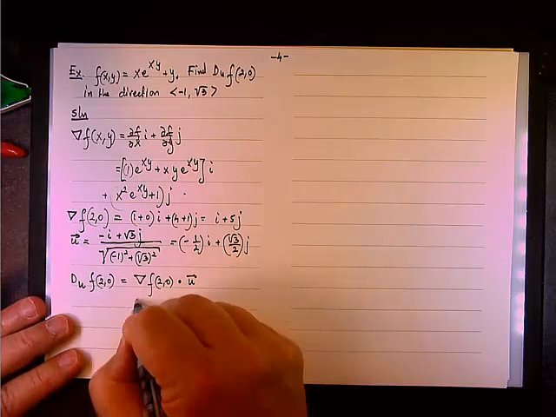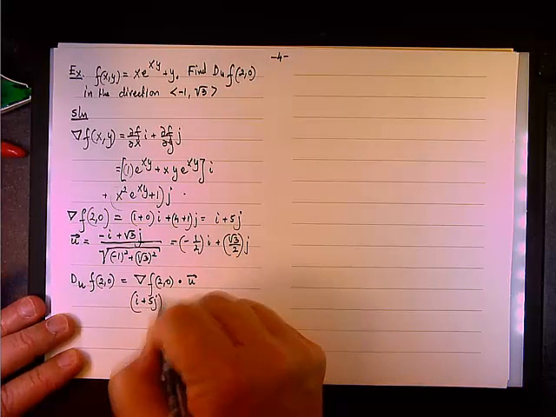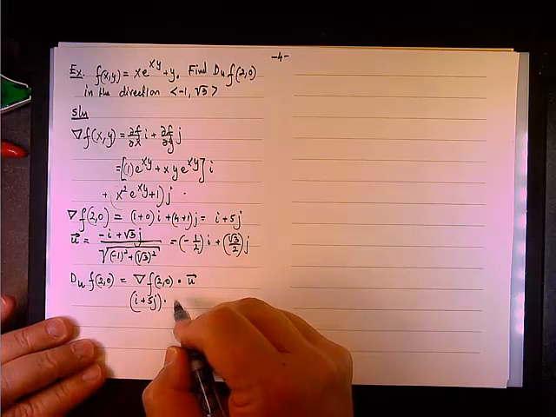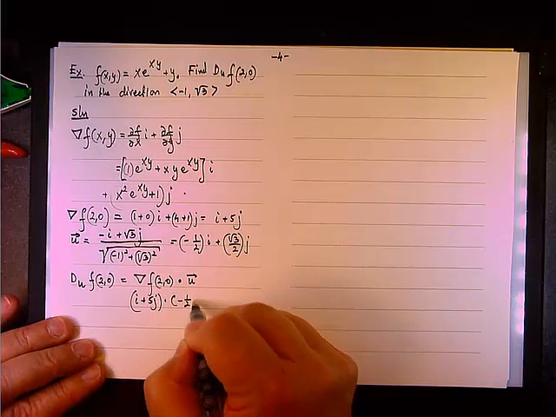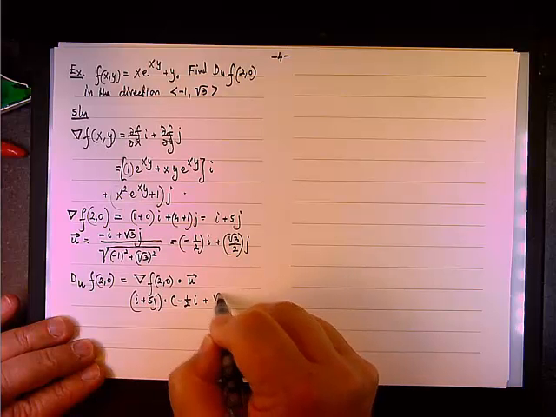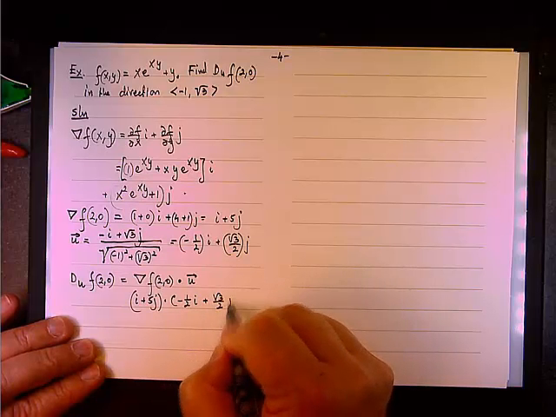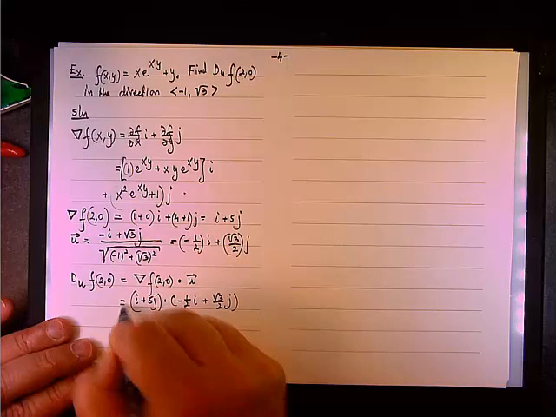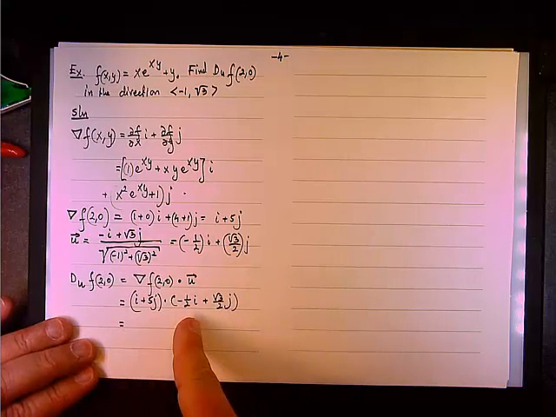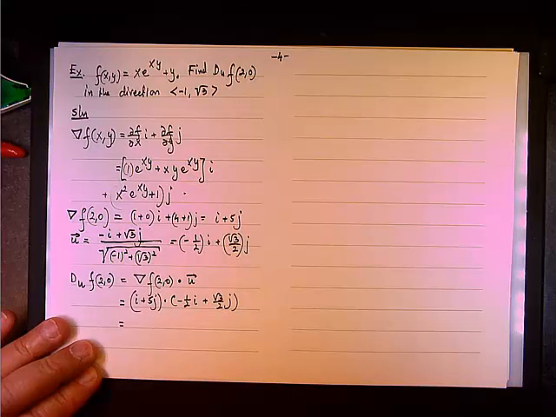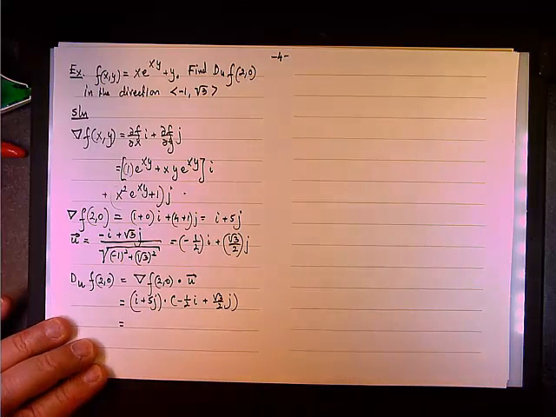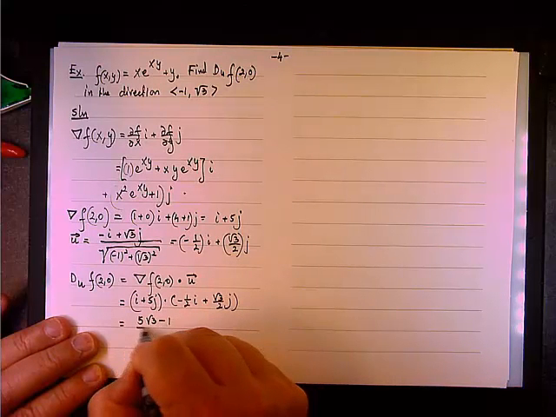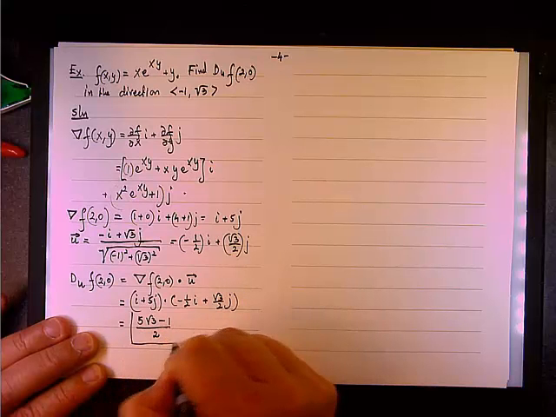So we have i plus 5j dot negative 1/2 i plus square root of 3 over 2 j, like so. So what do we have when we do it? We have negative 1/2 plus 5 square root of 3 over 2. So we have 5 square root of 3 minus 1 over 2.